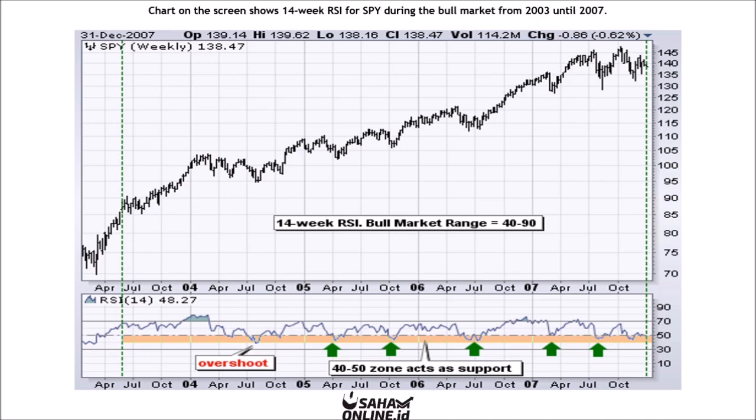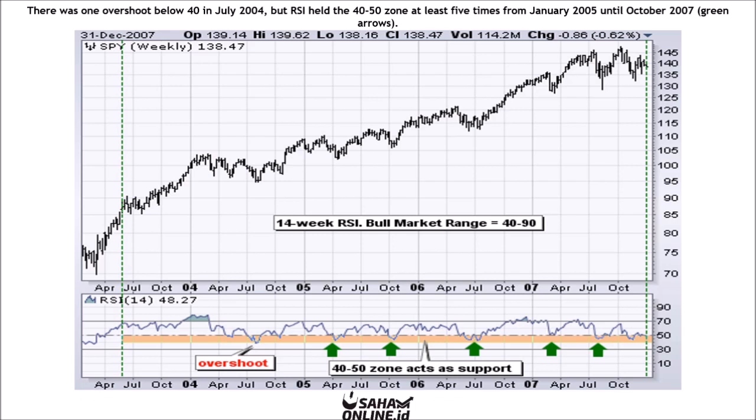The chart on the screen shows 14-week RSI for SPY during the bull market from 2003 until 2007. RSI surged above 70 in late 2003 and then moved into its bull market range, which is 40 to 90.